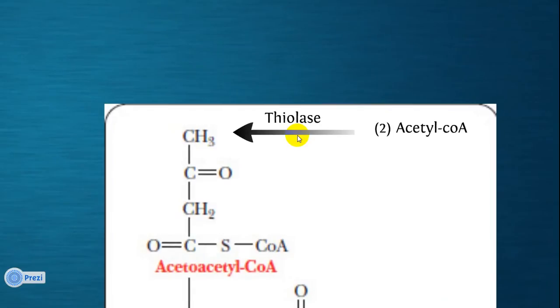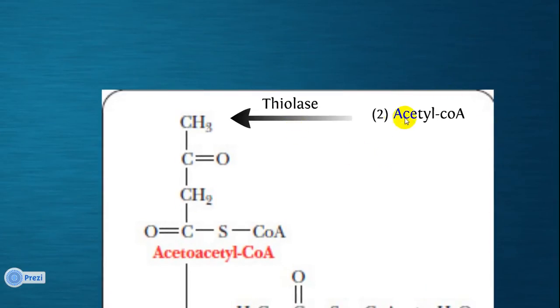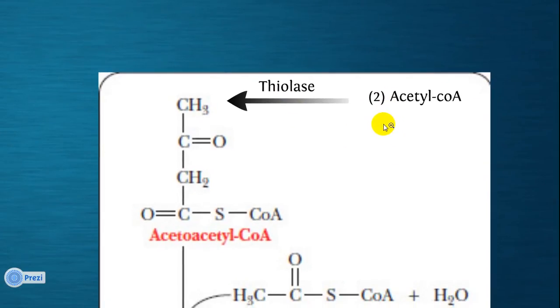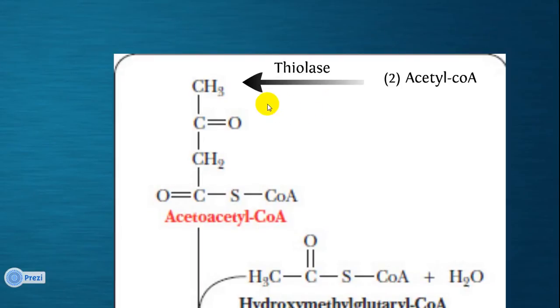The beginning of the anabolism of cholesterol is the same as the catabolism of ketones, but the first step here is to take 2 acetyl-CoA, and those 2 acetyl-CoA are going to be combined with each other to form the acetoacetyl-CoA through the enzyme thiolase.